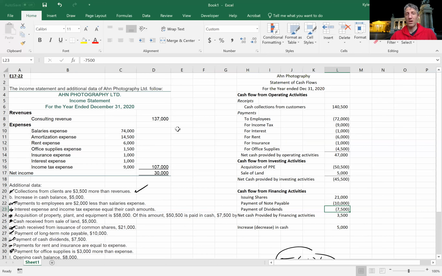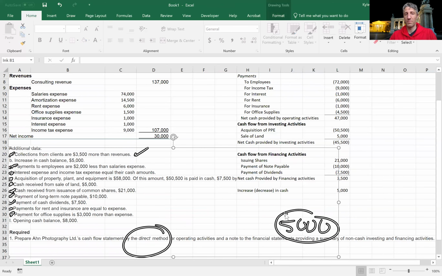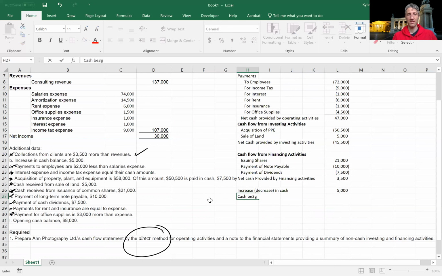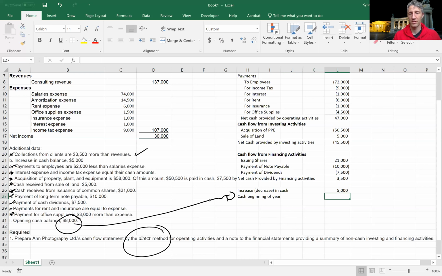Okay, but we're not quite done. We're basically done. I'm just going to do cash beginning of year, and it told us somewhere the opening cash balance was $8,000. So I'm going to put $8,000 here, and cash balance end of year is those two, of course, added together.